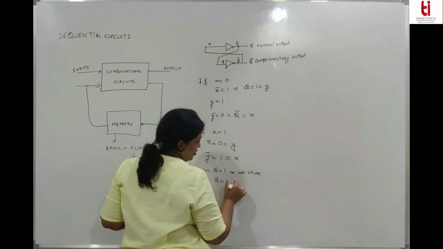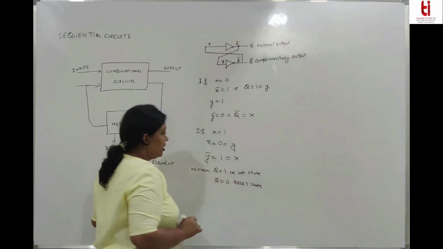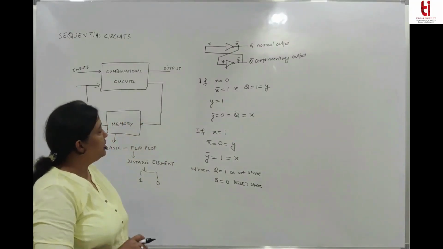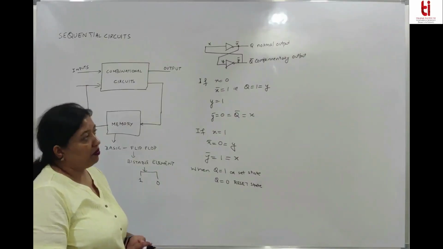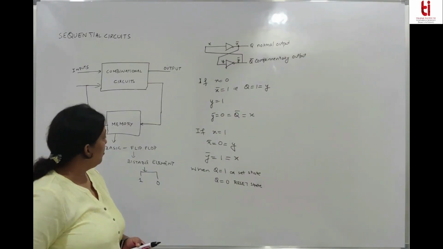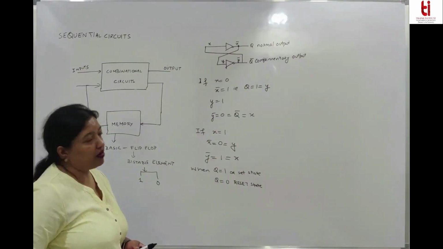And when Q is equal to 0, we say it is in the reset state. So this is how we are going to talk about these bistable elements, and the basic element is a flip-flop.